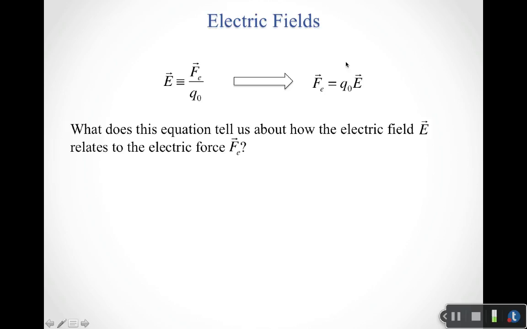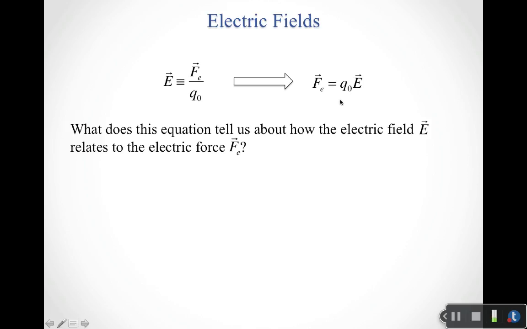And this is probably the more fundamental way to think about what's going on, because the force we actually see when charges attract and repel each other is really a test charge responding to the electric field generated by some source charge that's already present before I bring the test charge in there.